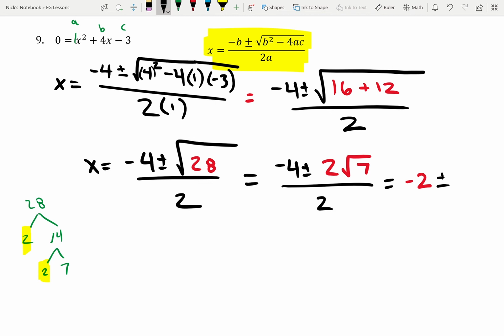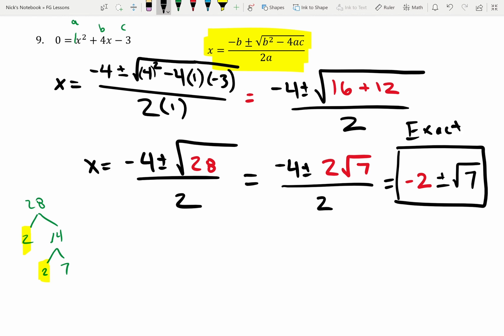We don't write the 1 because it's redundant, so we're left with the square root of 7. We just have negative 2 plus or minus the square root of 7. That is our exact answer.